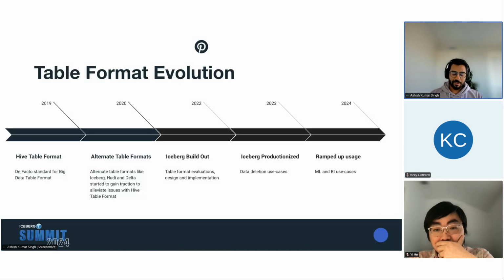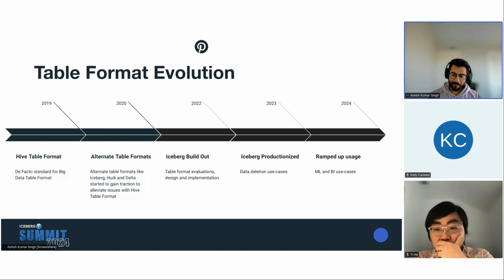The table format evaluation at Pinterest over the period of time went through various phases. Until 2019, like many other industries, the Hive table format was the de facto format at Pinterest. Around 2020, we started running into various issues that the alternate table formats like Hoodie, Delta, Iceberg were trying to solve.